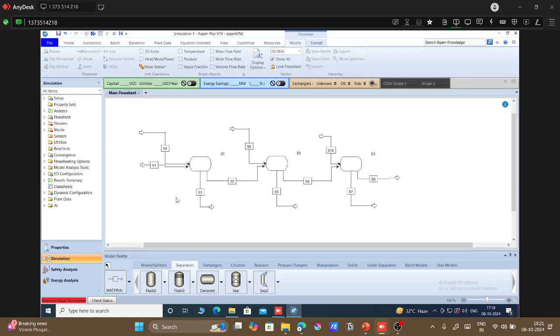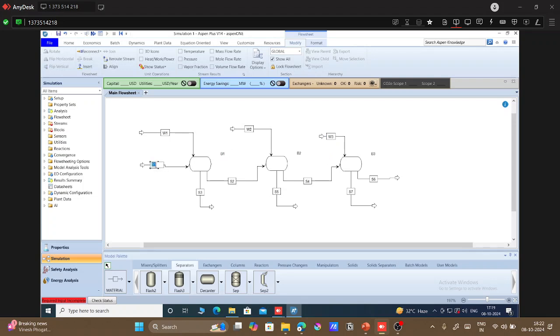So now let's just rearrange it first for a better representation. Let's name it as W1. This will be W2. Then W3.